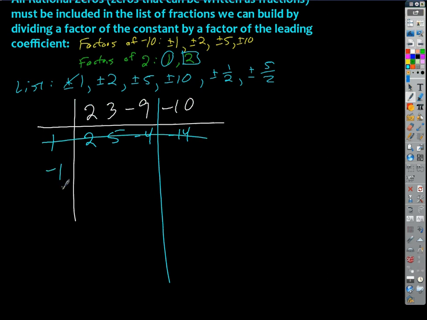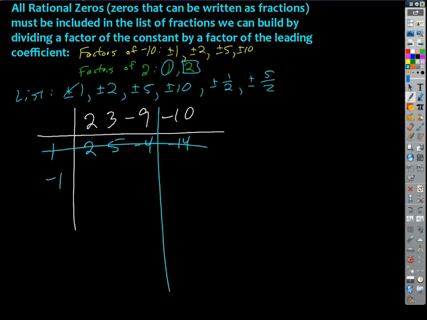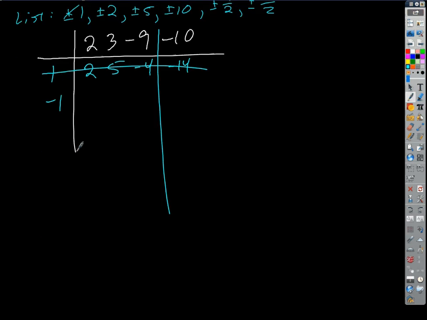Let's try negative 1. I got the right coefficients, didn't I? 2, 3, negative 9, negative 10. Okay, show that negative 1 does work. I bring down the 2. 2 times negative 1 is negative 2 plus 3, 1. Negative 1 times 1 is negative 1, plus negative 9, negative 10.